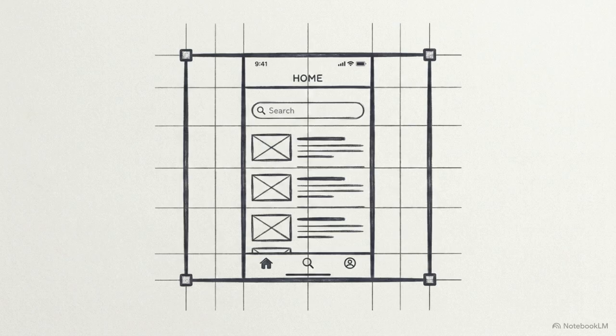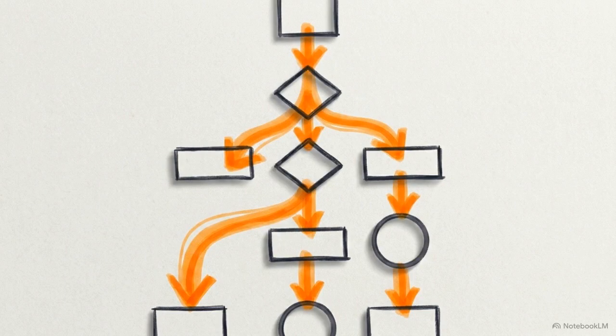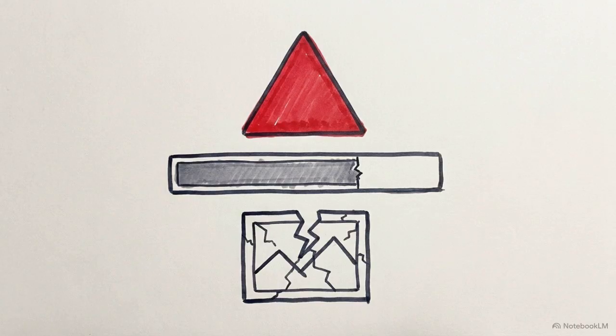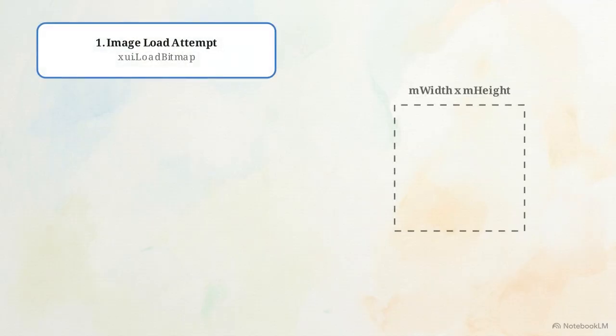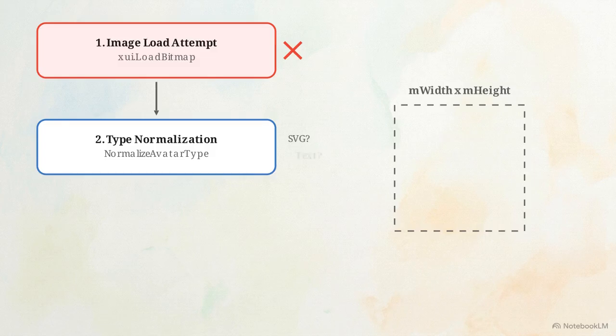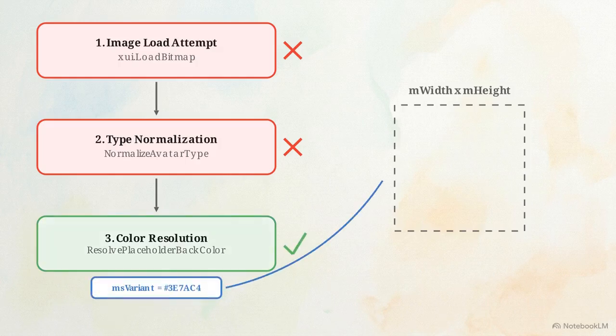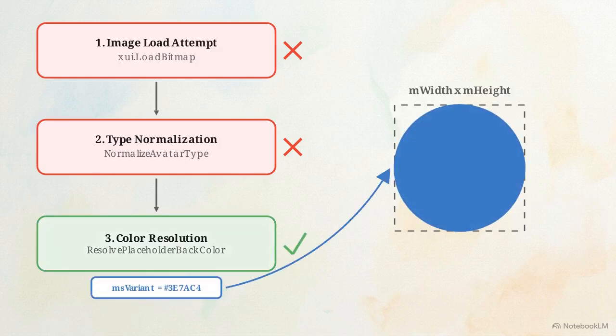Once the spatial math is locked down, the component has to actually render the content, and that requires a robust fallback hierarchy. It begins by attempting to load an image path via xui.loadBitmapResize, but local assets can be missing, and network requests have latency. If the image load fails, Normalize Avatar Type checks for an SVG or text placeholder. If those fail, Resolve Background Color calculates a theme color and draws a solid colored shape to fill the frame.